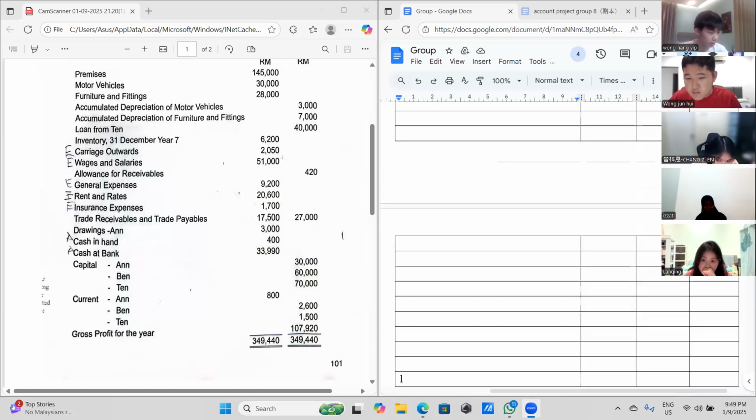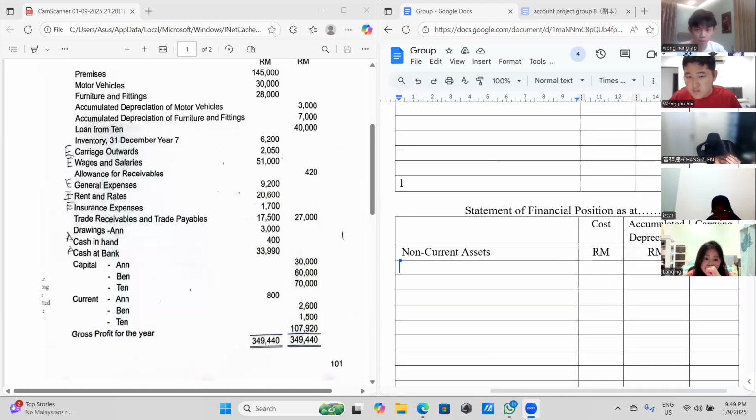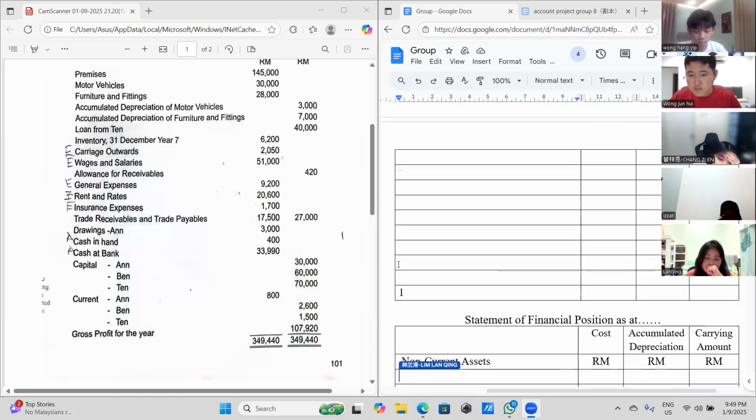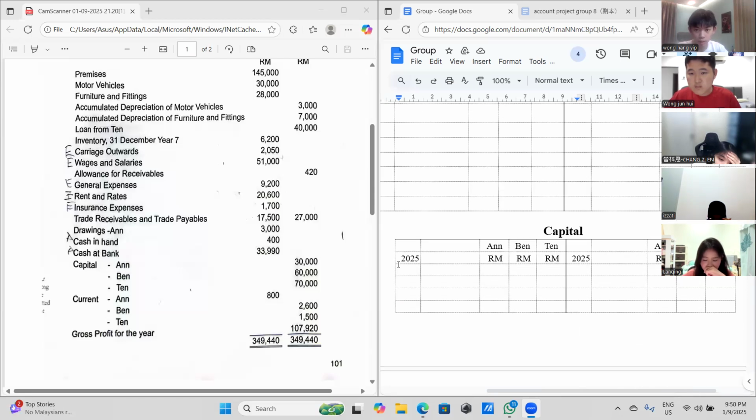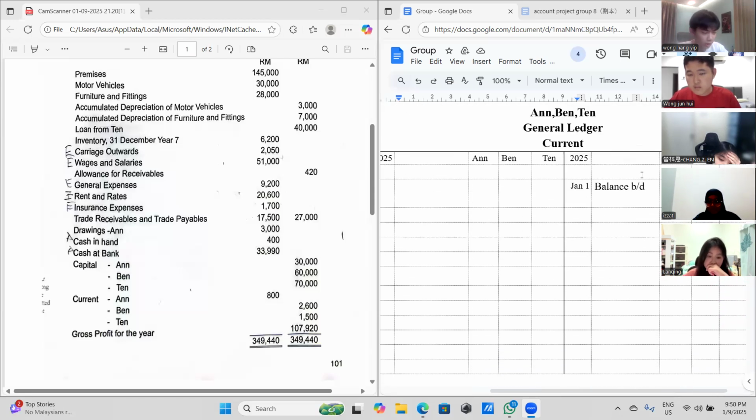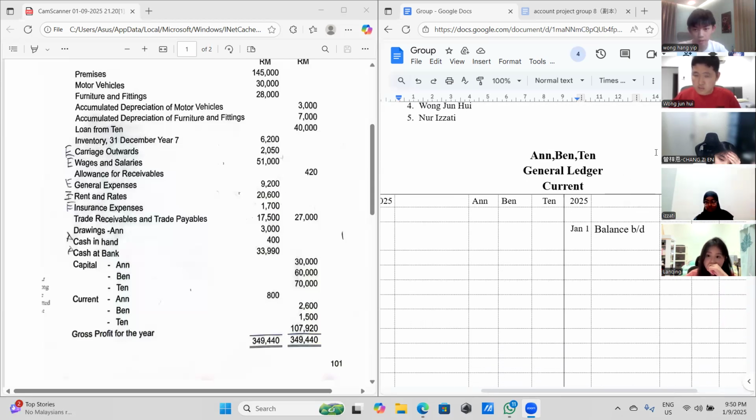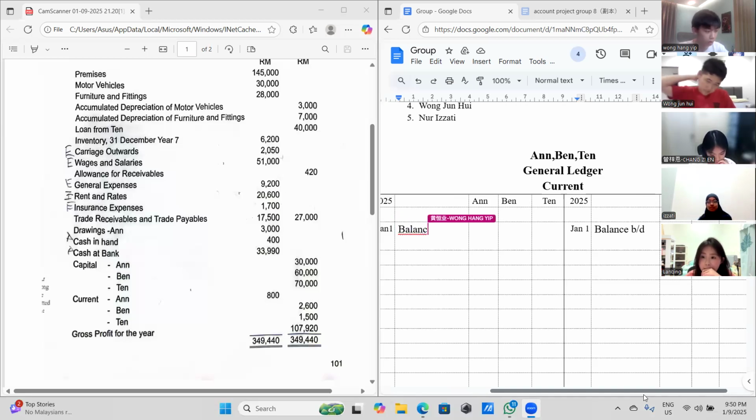And for the credit side, current account balance BD is 2,260 and 1,500. And also it should be here for the current account balance BD. And it should be 800.